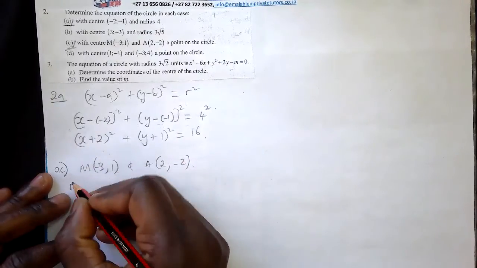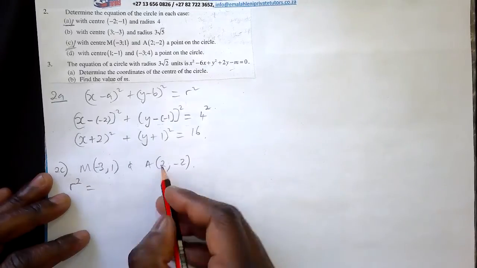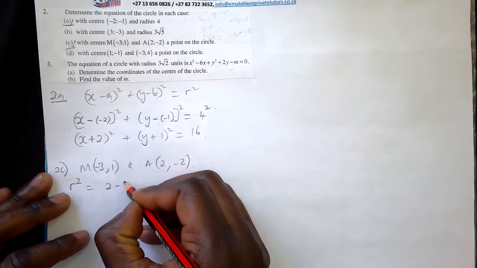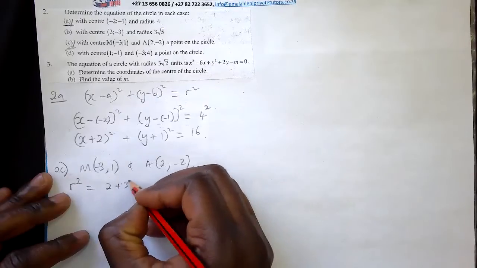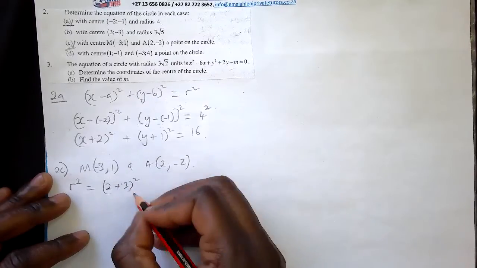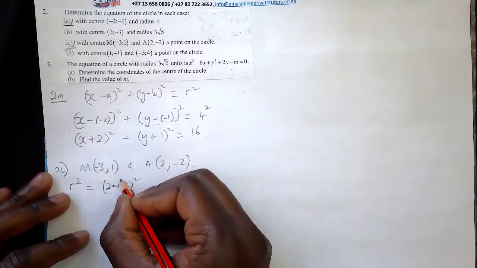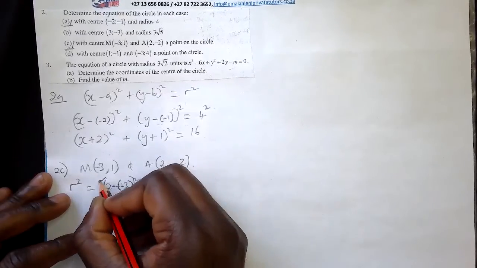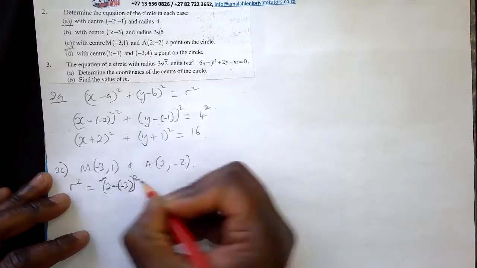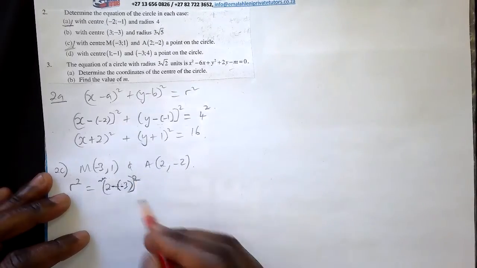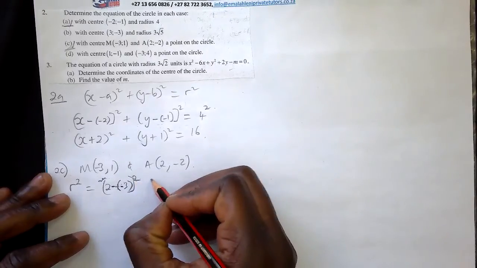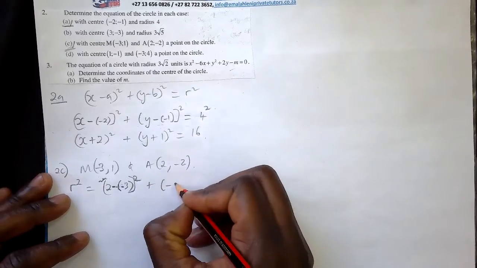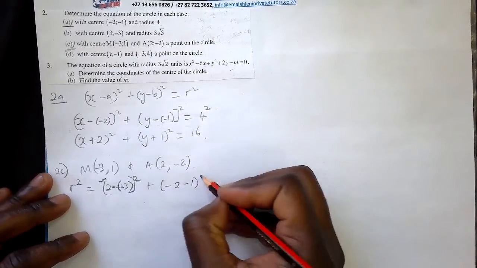So radius r squared should be equal to change in x, 2 minus -3 is going to give us plus 3 squared, then we take the -1 plus -2 -1 squared.